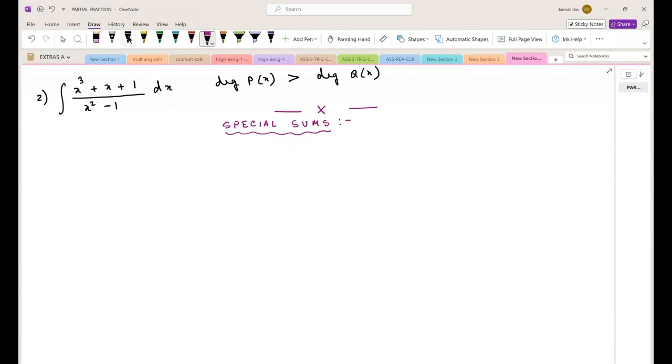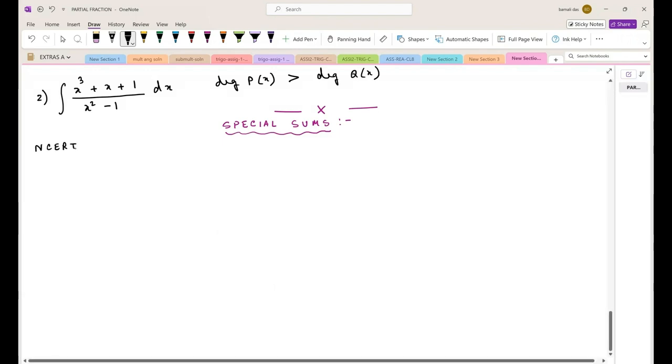Okay, so now I'm doing a sum from your NCERT only, exercise 7.5, sum number 18. Let me first write the sum, then I'll tell you what is the speciality of the sum.